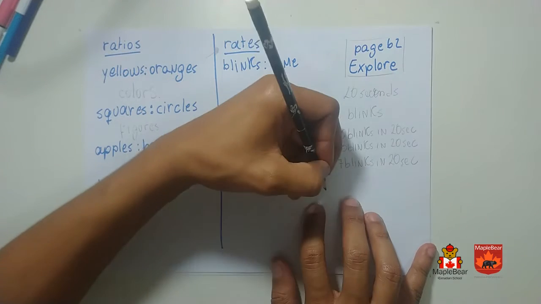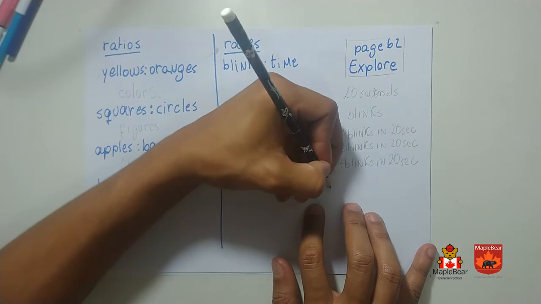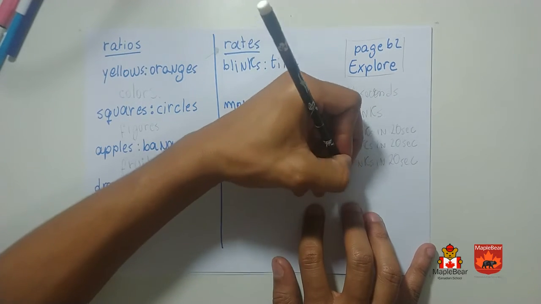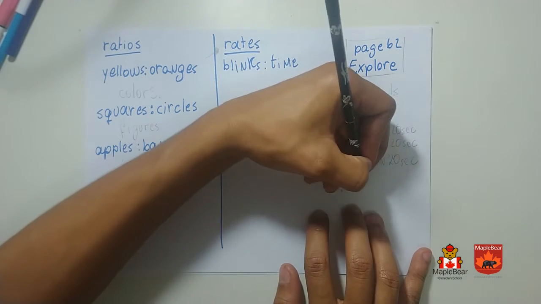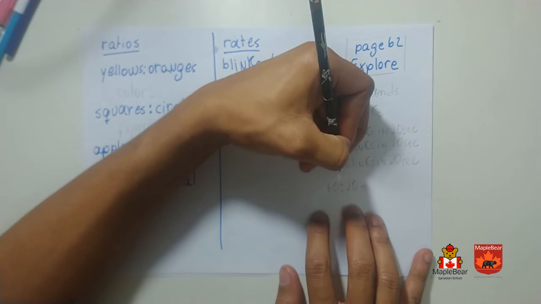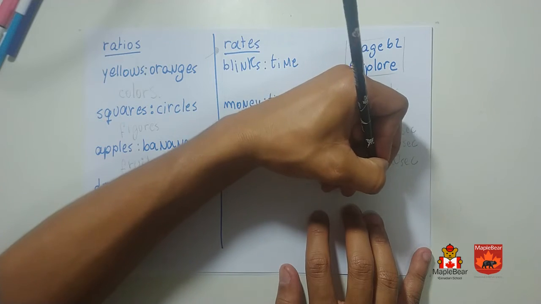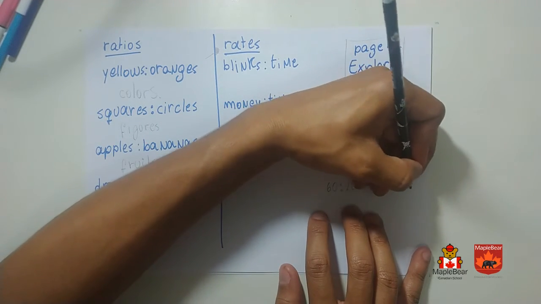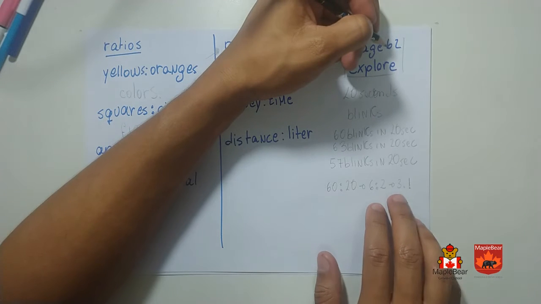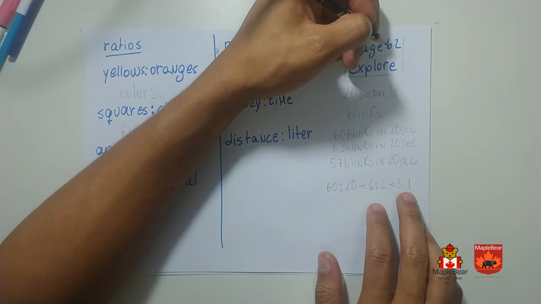So can I write the first one as a 60 to 20 ratio? Yes, I can. And if I simplify that thing, can I say that I will do 3 to 1? Yes, I said that I will do three blinks in 1 second.